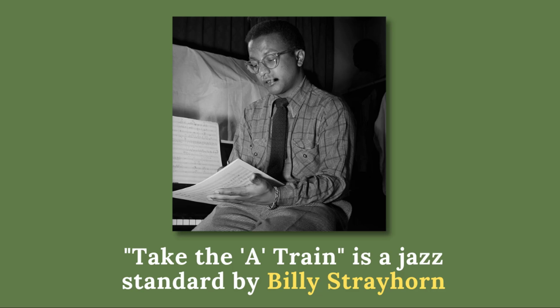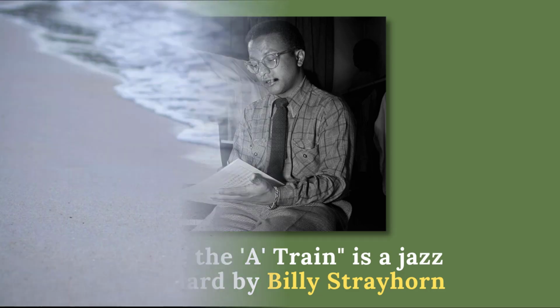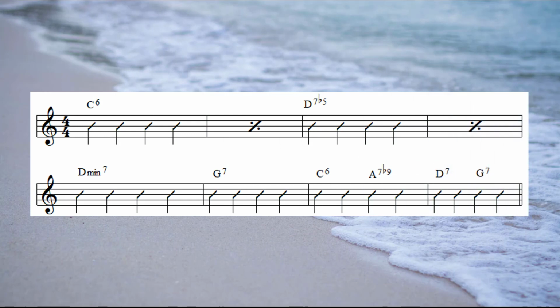The jazz standard Take the A Train was the signature tune of the Duke Ellington Orchestra and was written in 1939 by Billy Strayhorn. On the screen at the moment, you'll see the basic set of chords for the first 8 bars of Take the A Train. This progression is found in many songs that are popular amongst jazz players.